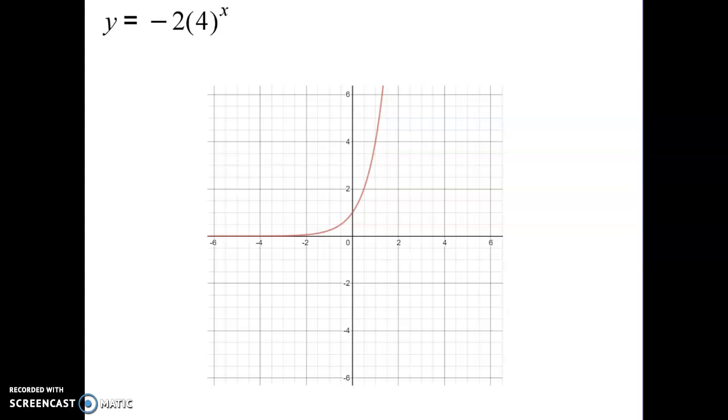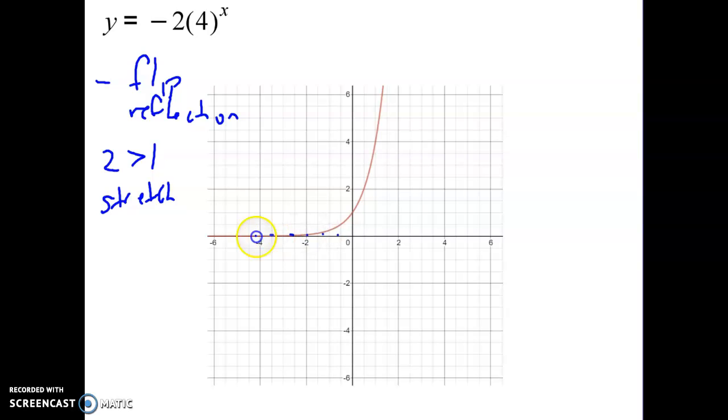Okay, but just like before, I could flip and also have a dilation. So I need to still think of this as two separate things. That negative is my flip or my reflection. And 2 is greater than 1. So is this going to be a stretch or a shrink? It's going to be a stretch because 2 is greater than 1. So I still have my asymptote right here.